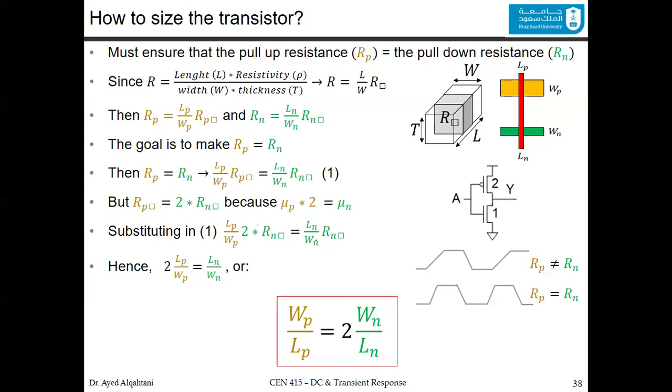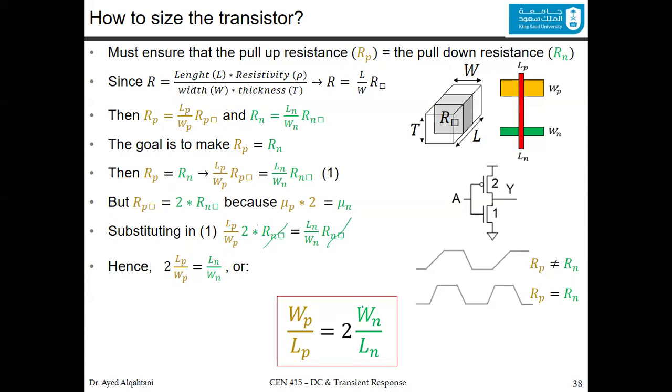From this, you can cancel the R squared of N, and you end up with this equation: 2LP over WP equals LN over WN. Now we will do some simple mathematical manipulation, and we will make the WP the numerator and the LP the denominator.